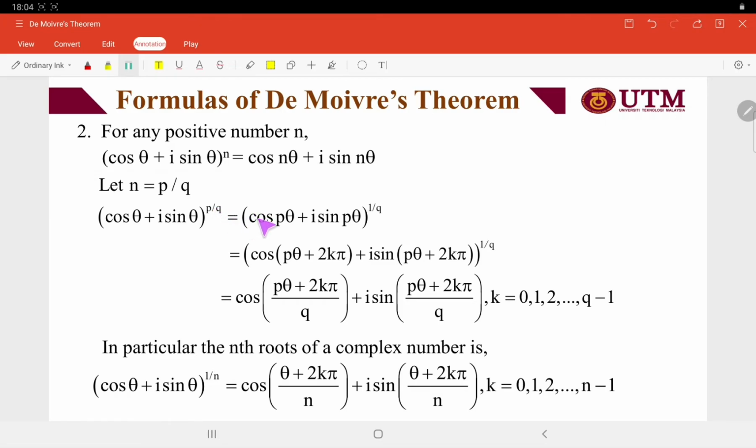So this will become (cos p theta + i sin p theta) raised to the power of 1 over q. Next, what we can solve is that we have to change this to (cos(p theta + 2k pi) + i sin(p theta + 2k pi)) raised to the power of 1 over q.